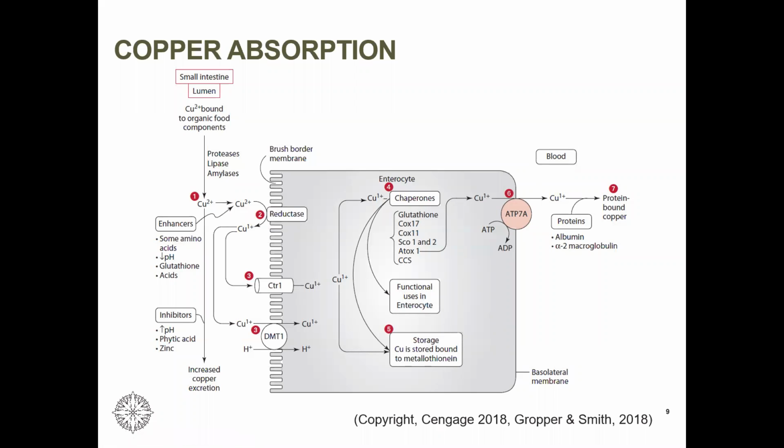After that conversion, cuprous has a specific transporter, simply named copper transporter 1, that has a high affinity and takes copper inside the intestinal cell. However, there is another one called DMT1, the divalent mineral transporter.